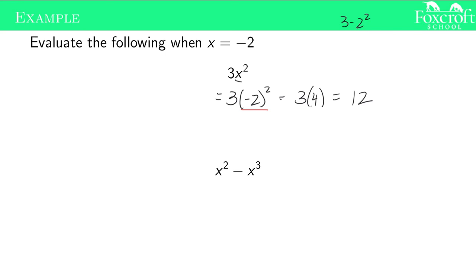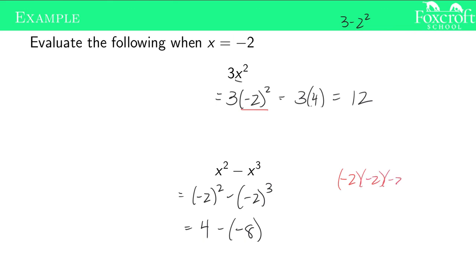Using your parentheses seems like extra work, but it's going to help keep you from making mistakes. In this next one, same thing. -2 is going in for x, that's squared, minus -2 cubed. Just like in the last one, -2 squared is going to be +4, and -2 cubed is going to be -8, because you have 3 copies of -2. 2 of the negatives cancel into a positive, but you have 1 extra negative, so that answer is negative.